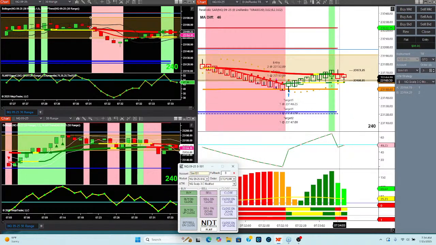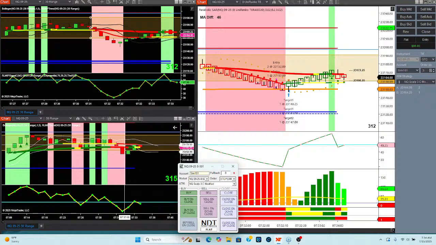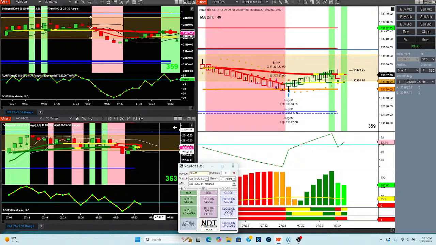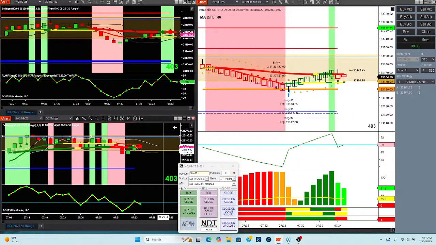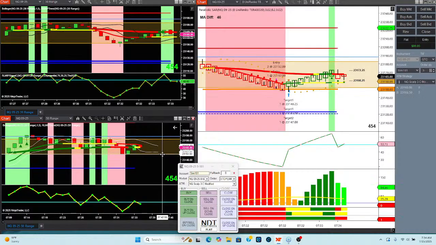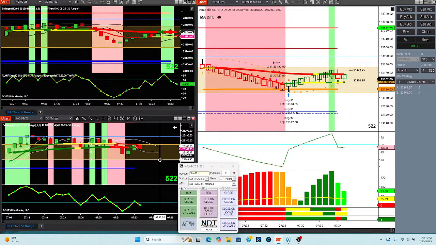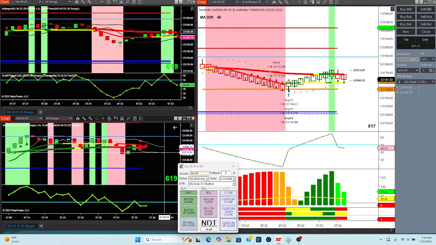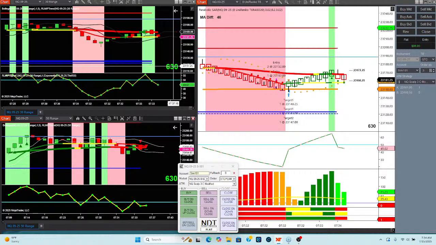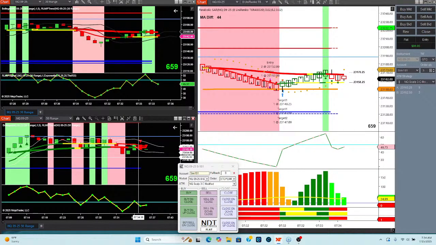Breaking down red. Just look at the overall picture here. Looks like we're trying to go down here. I can get rid of this. Break, break.